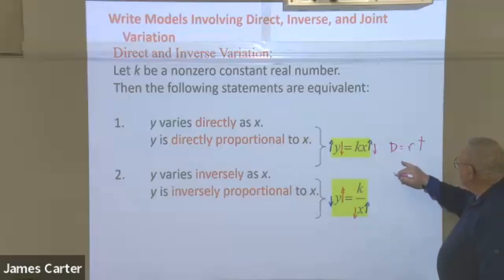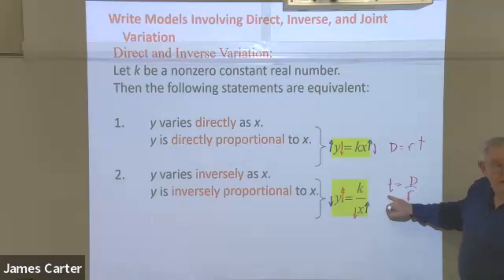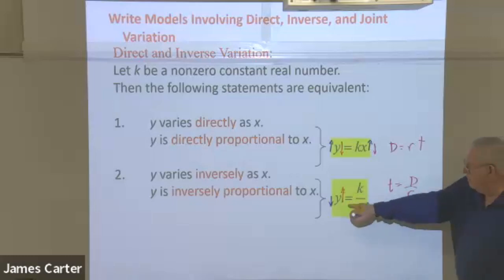Now, when we solve for T, it would be equal to D over R. If it's 500 miles to Denver, my constant term, and I go 60 miles an hour, how long would it take me? If I go faster, it's going to take me less time. If I go slower, it's going to take me more time. That fits this pattern.